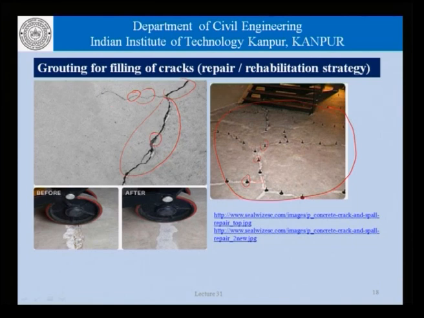So, these are the kind of balancing acts that an engineer at site needs to be playing. In order to grout a cracked system, one has to decide what is the kind of specifications, what is the kind of parameters that you would use to control the quality or control the performance of your grout.